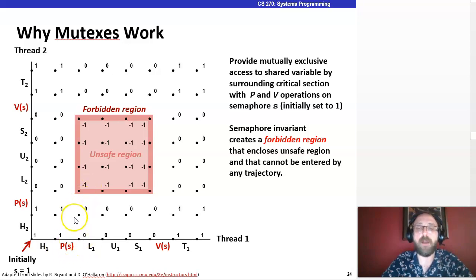After the P operation, the value of the mutex is 0, and the way the P and V functions work guarantees it will never be negative. So this region where the value of the mutex would be negative is forbidden. And that region encloses the unsafe region. It's not exactly the same as the unsafe region because the unsafe region doesn't actually include this particular node, but the forbidden region does.